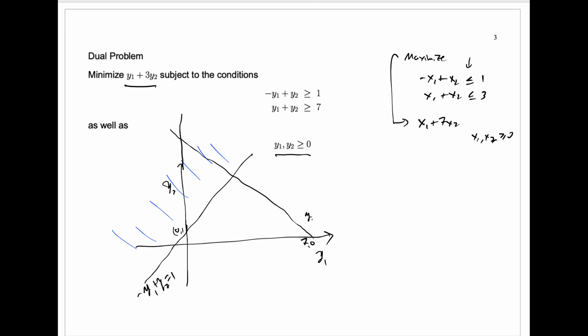This is y1 plus y2 equals 7. And here's the point 0, 7, way up there. Maybe I made it too high, but that doesn't really matter. And the half plane where y1 plus y2 is greater than or equal to 7 is the one that's above there. The intersection of these, and again, remember we're staying in the region where y1 and y2 are positive, looks like this. It has to be to the right of the y2 axis.